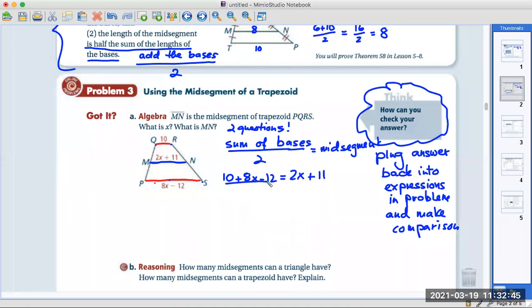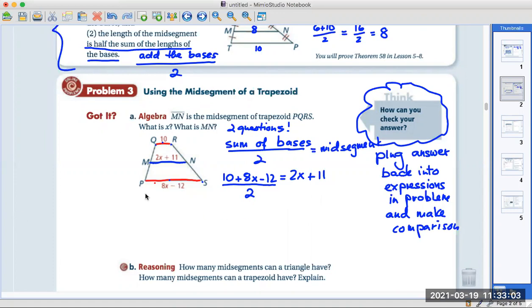The sum of the bases divided by 2. So there's our super duper equation.